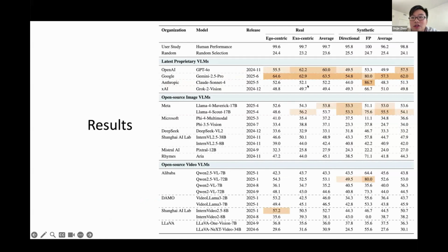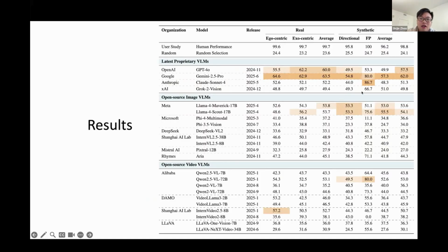So as we see, every question should be very easy for human beings. We have some user study, and we find that the human performance in our benchmark achieves almost 100%. Here it is 98.8% accuracy for all the questions in this benchmark.